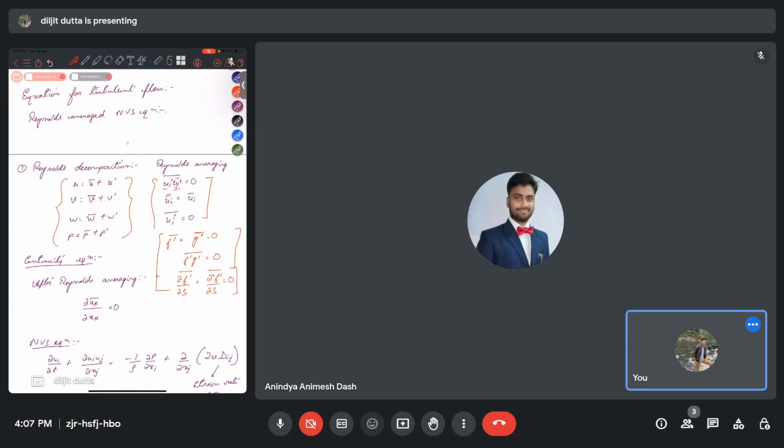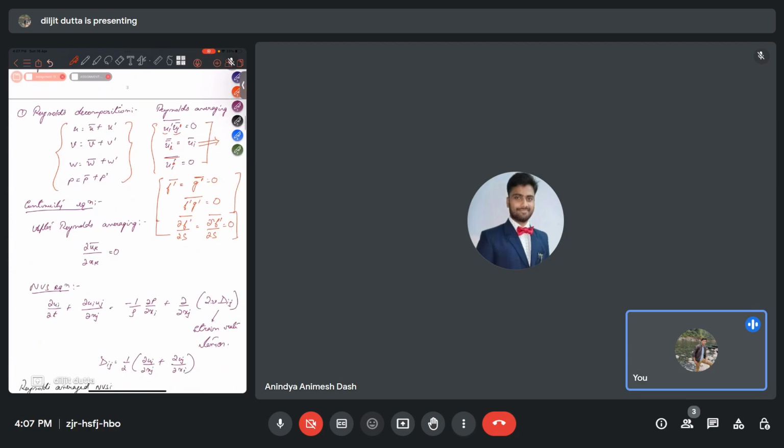And if we take the average twice of velocity ui bar, we will get only the mean. So the mean of the mean is equal to the mean only. So these are the properties of Reynolds averaging.